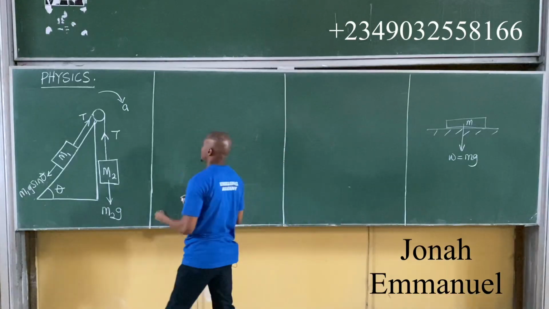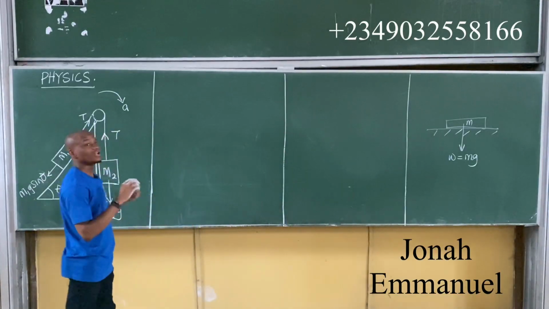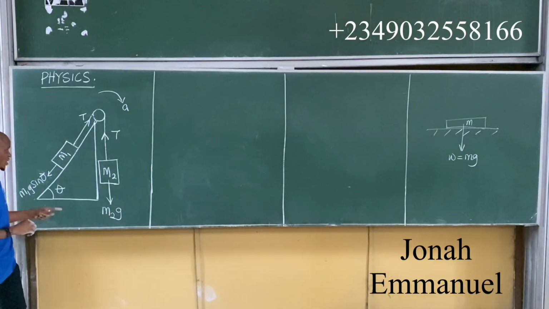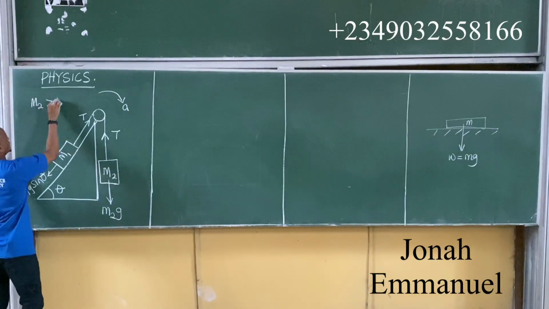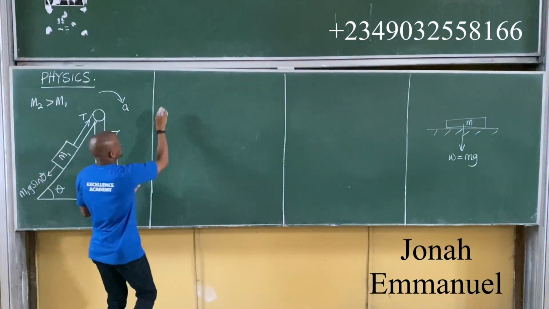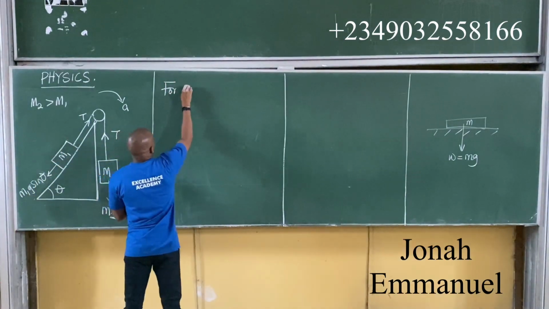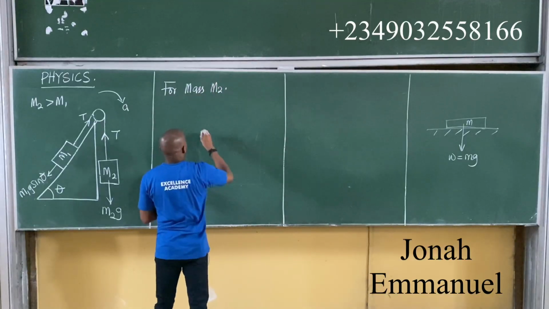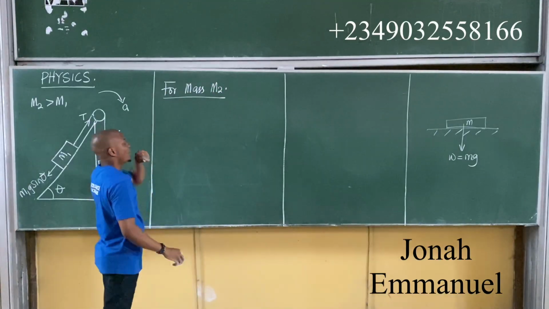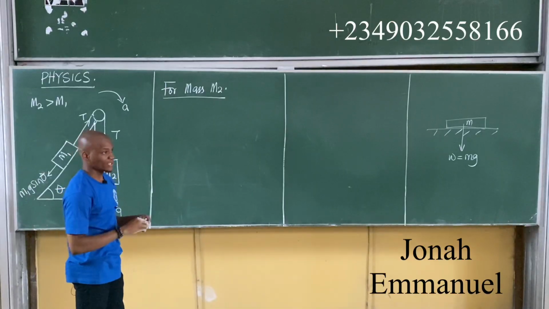If you're done with this, what next? Start with the, in quotes, leading mass. For M1 and M2, which was greater? M2. We said M2 is greater. So let's start with M2. For mass M2, what do we get? First of all, let's get the sum of forces.